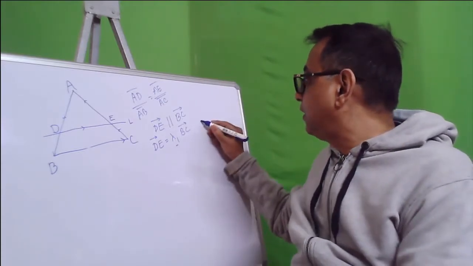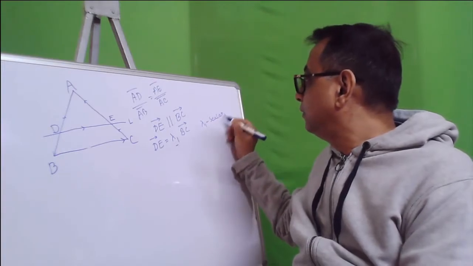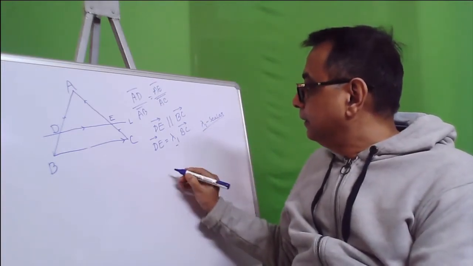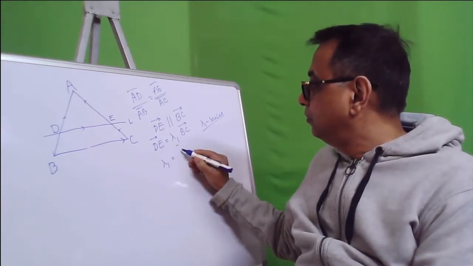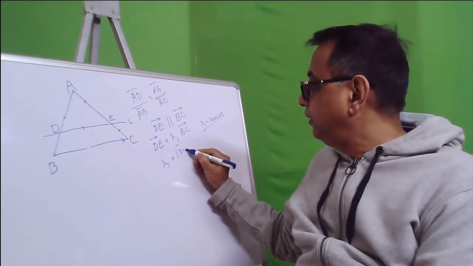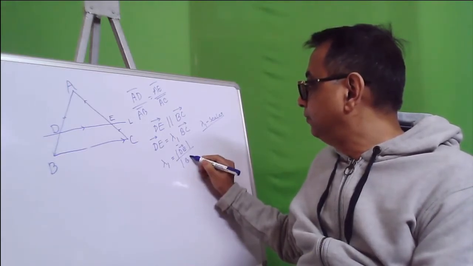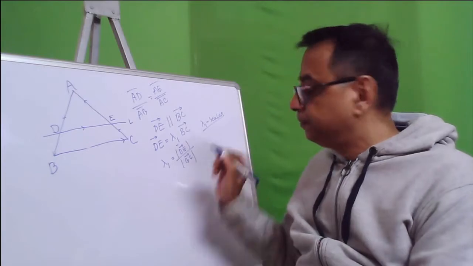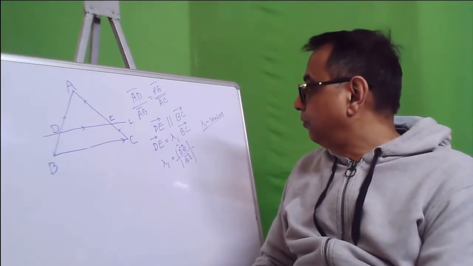So this is a scalar quantity. So we can say lambda 1 is equal to mod of DE by mod of BC.